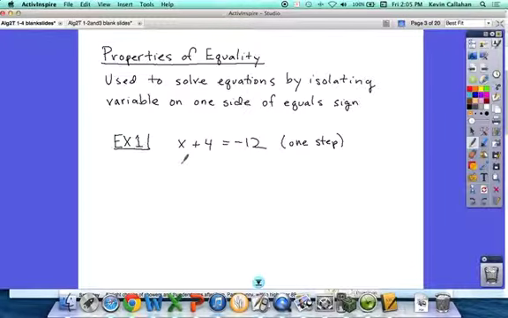Yeah, in this case, you would subtract 4. In effect, what you're going to do is apply one of what they call the properties of equality. Subtracting 4 from both sides, x equals negative 16. That's called the subtraction property of equality.